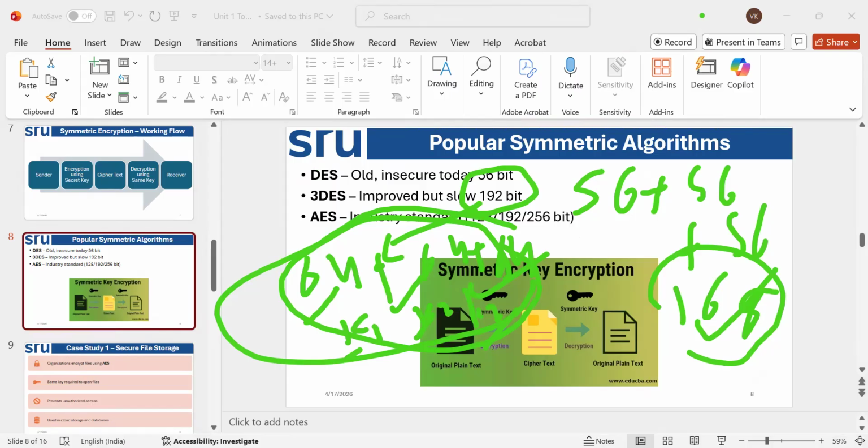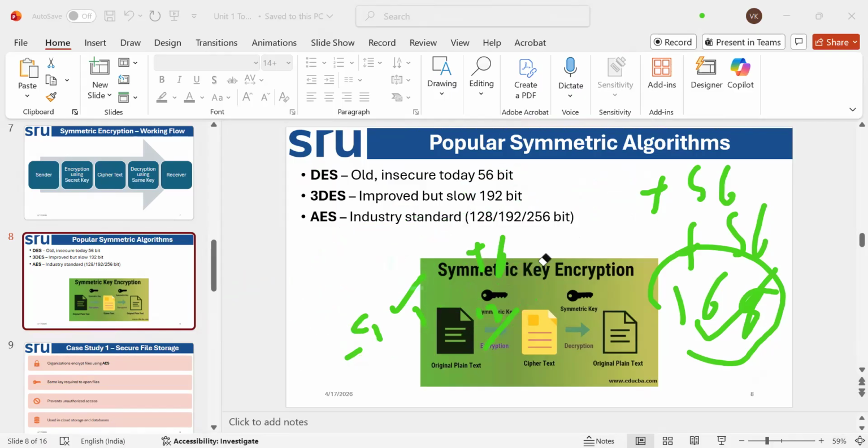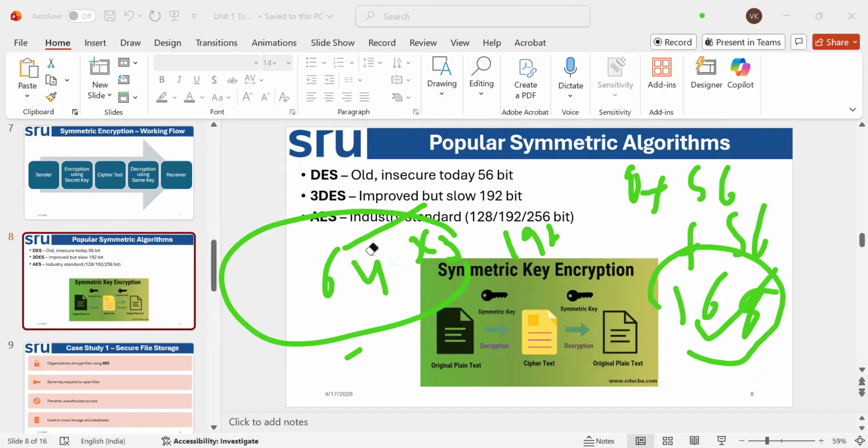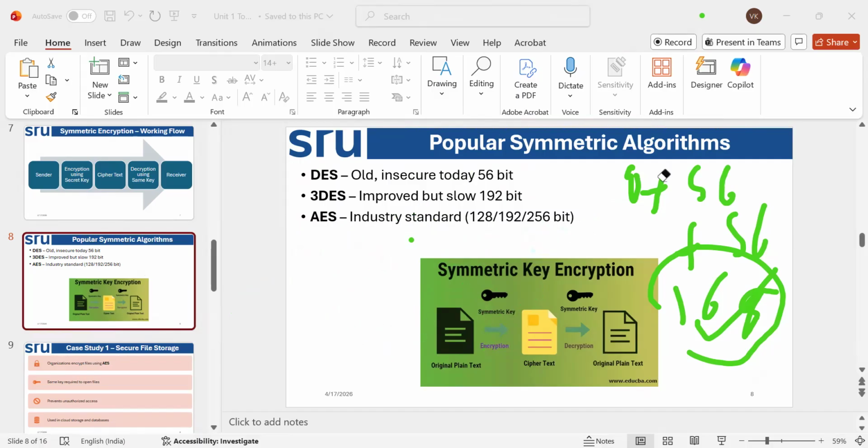Effectively there are 168 bits, 56 times 3, because DES has 56. So effectively 168, but it is stored as 64 times 3. So it's 192, but effectively 168 bit. I hope that's the concept.